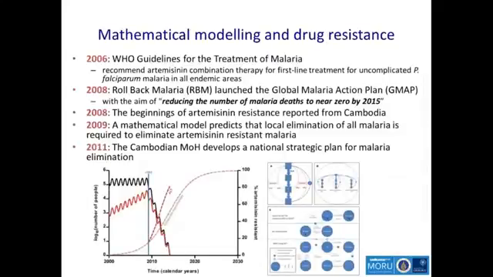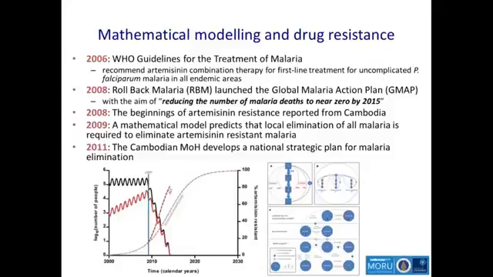Just to give you an example of where mathematical modelling has been used in the past: in 2006 there were new guidelines from the WHO, who recommended artemisinin combination therapy in all endemic areas globally. In 2008, the Roll Back Malaria programme was launched, and the Global Malaria Action Plan, with this new aim, which is aligned with national elimination of malaria in lots of countries.